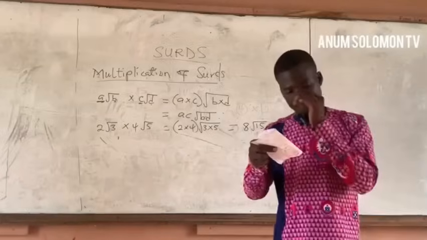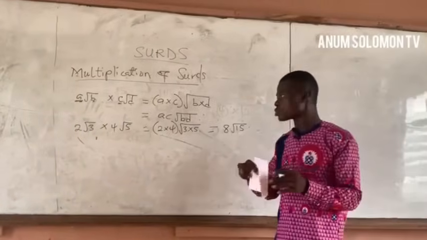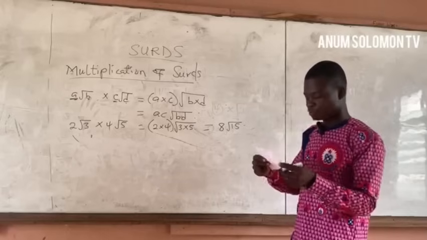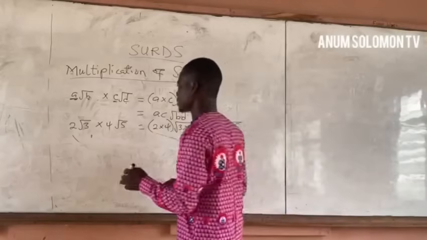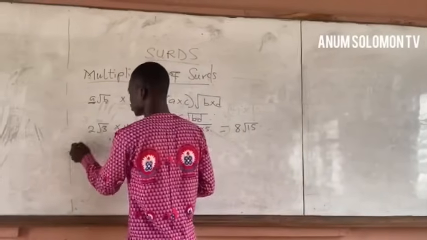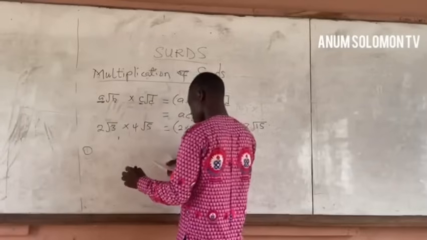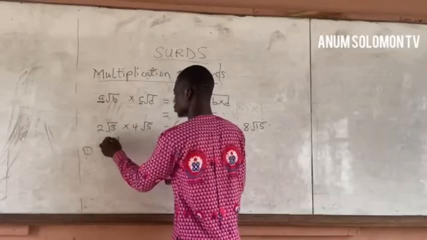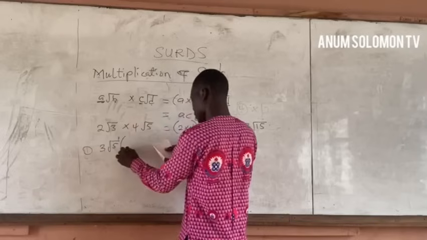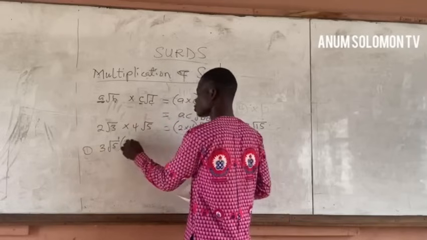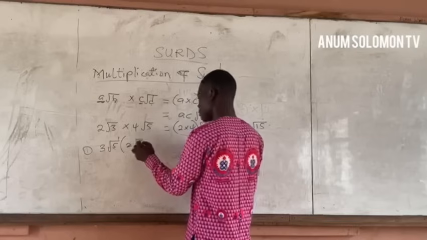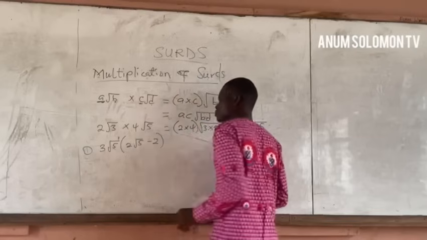So now let's use this concept to solve these problems. The problem number 1 is we have to expand 3 root 5 times 2 root 5 minus 2.